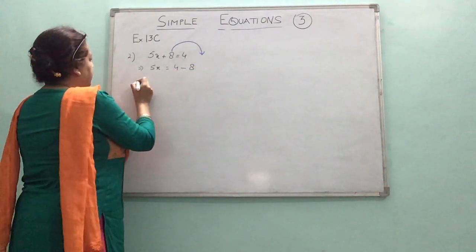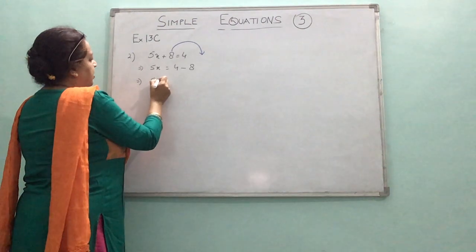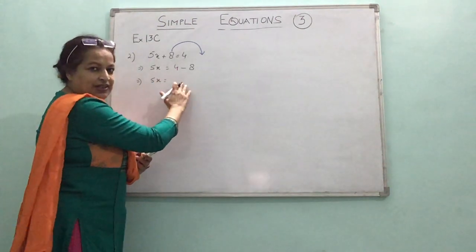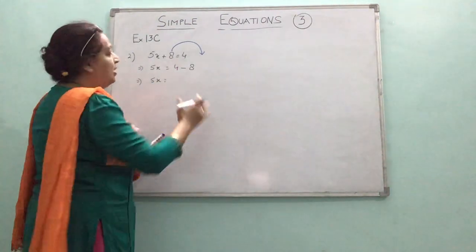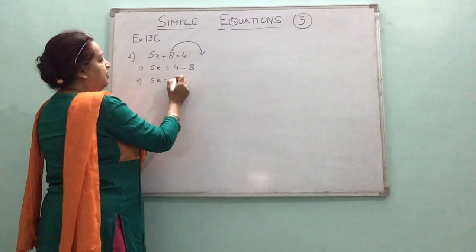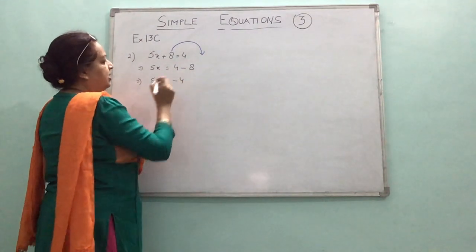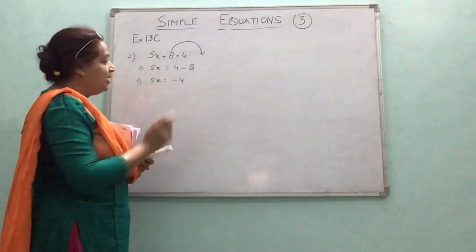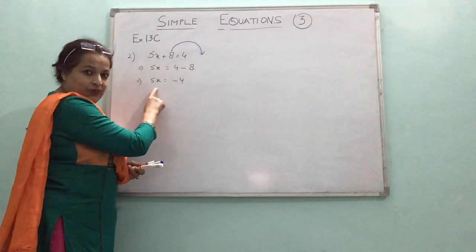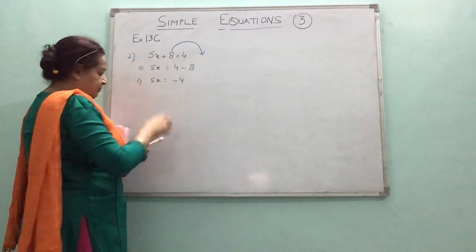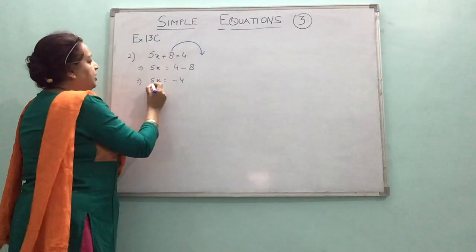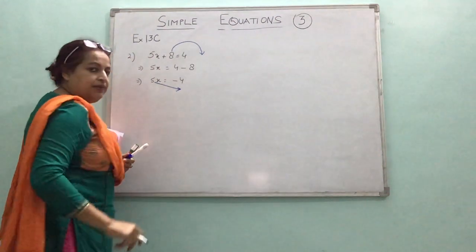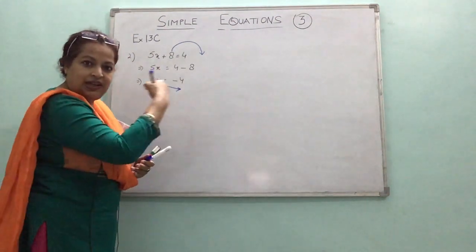Alright. So let's simplify this. Now by the rules of integers, with opposite signs, we always subtract. So subtract 4 from 8 and we put the sign of the greater one. Now the second rule, what does the second rule say? If it is one term, now it is one term only, the one which multiplies on this side divides on the other side.